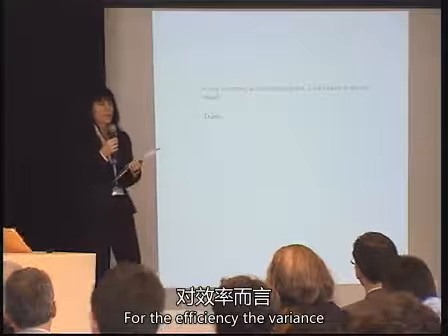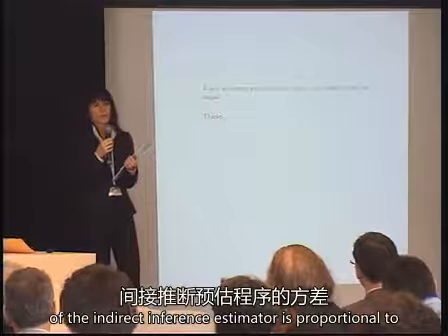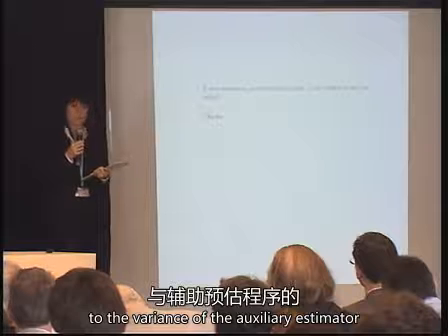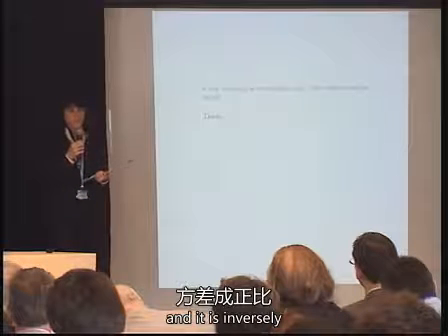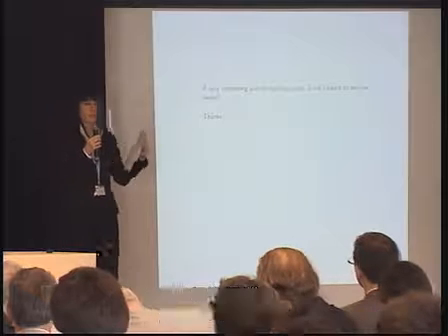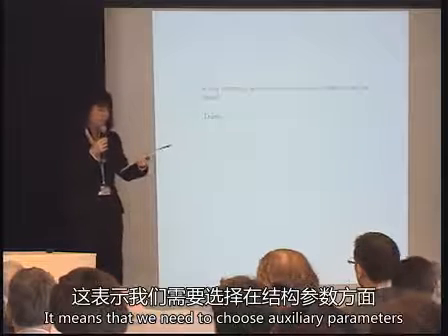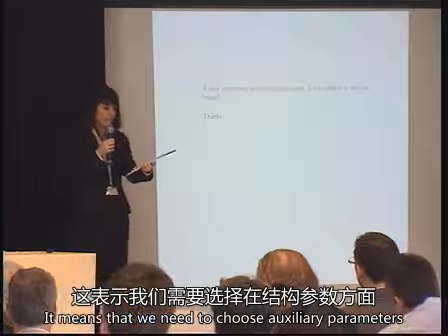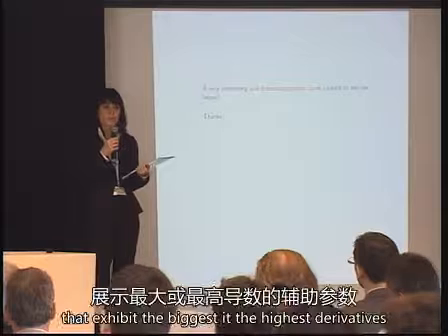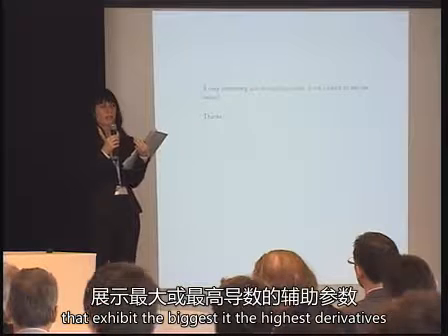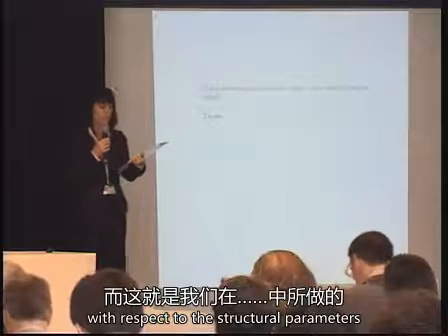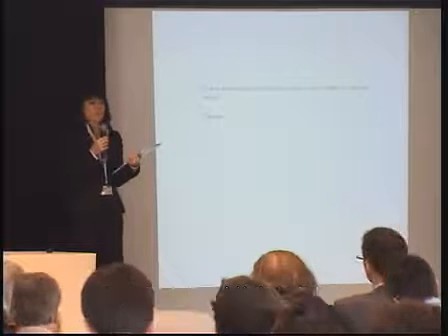For the efficiency, the variance of the indirect inference estimator is proportional to the variance of the auxiliary estimator, and inversely proportional to the derivative of the binding function. What is the binding function? It is the probability limit of the auxiliary estimator. It means that we need to choose auxiliary parameters that exhibit the highest derivatives with respect to the structural parameters.